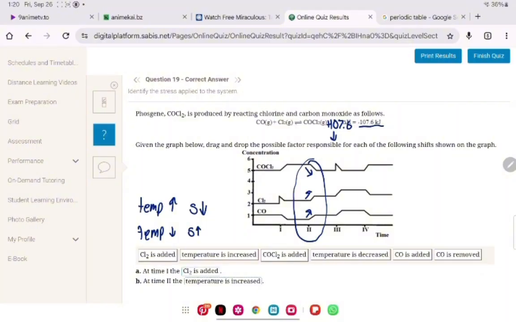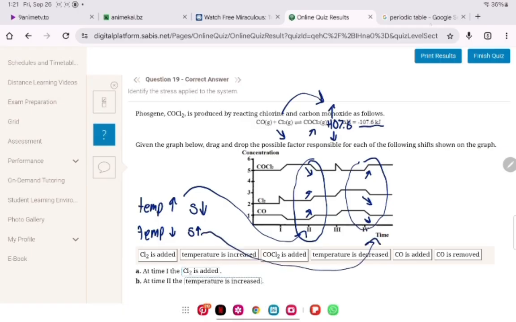And if they try to increase the temperature, that means they will move it like this, so forward, and COCl2 will decrease and COCl2 will increase. And that is not the graph, that is the graph here. See, it increased, and then here decreased and decreased, which is what is accurate. So temperature increase is going to be for II, temperature decreased is going to be for IV.